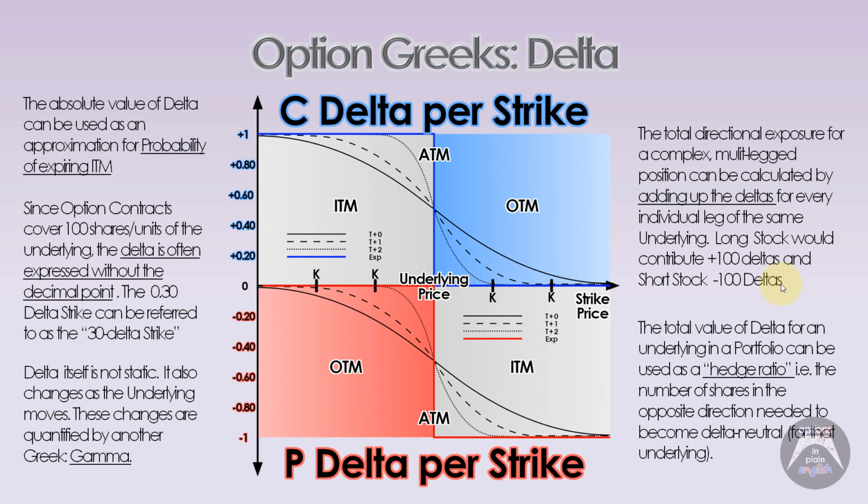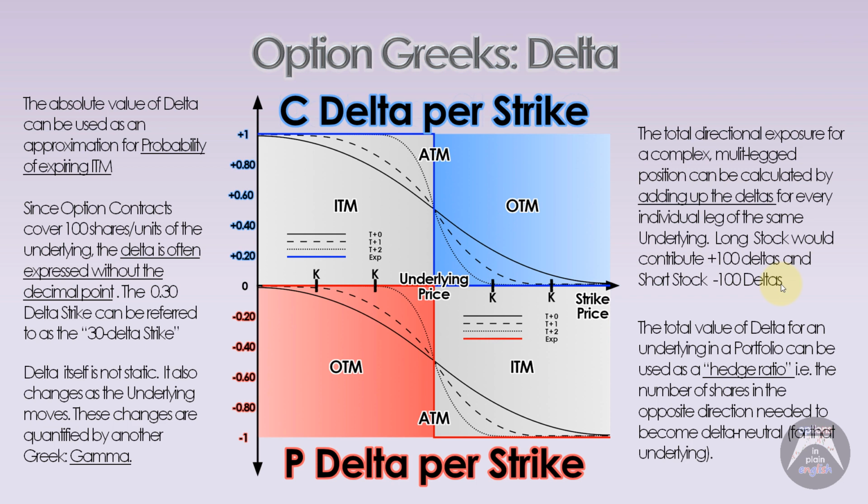So it's an important indicator when looked at that way as well. It's the number of shares that I need in order to be delta neutral, or partially neutral, or semi-neutral, or I want to hedge half of my exposure, or 70% of my exposure, or whatever it is that your trading plan calls for. Delta is used for that as well.